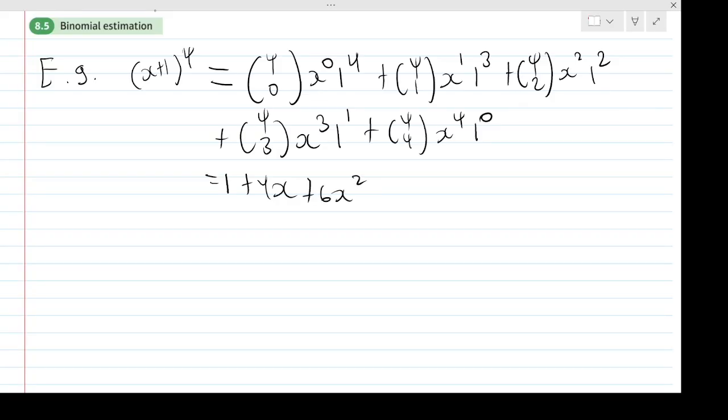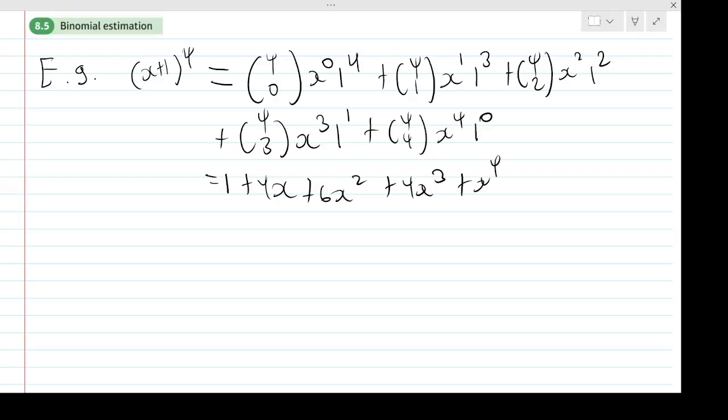Then the next term is 4 choose 3, which is 4, times x cubed times 1, so we get 4x cubed. And the last term, 4 choose 4 is 1, x to the 4, 1 to the 0 is also 1, because the power of 0 makes it 1. So overall we just get x to the 4. So that's my expansion.